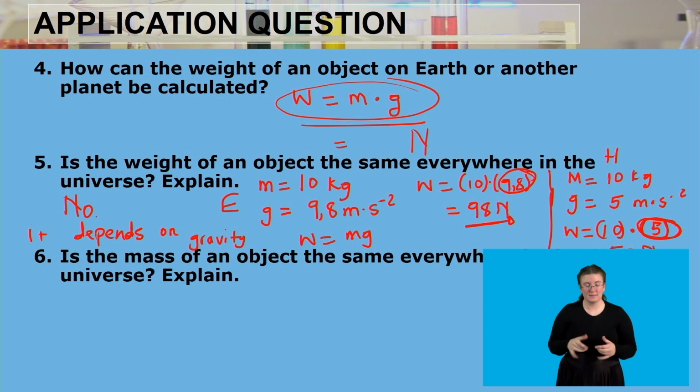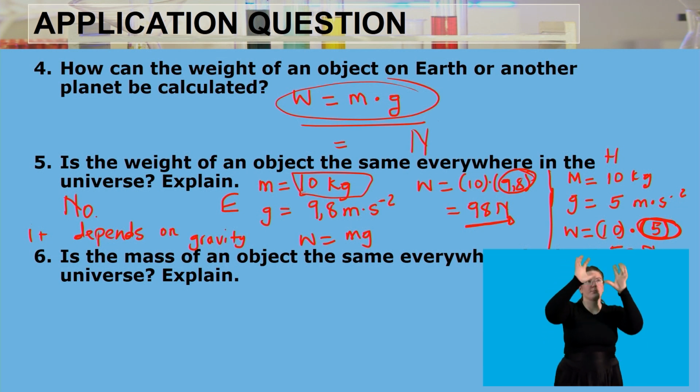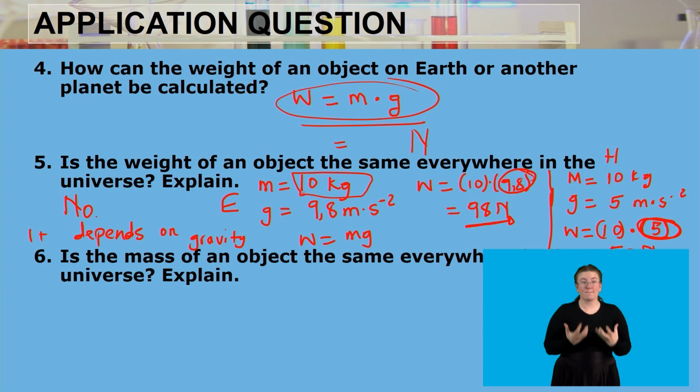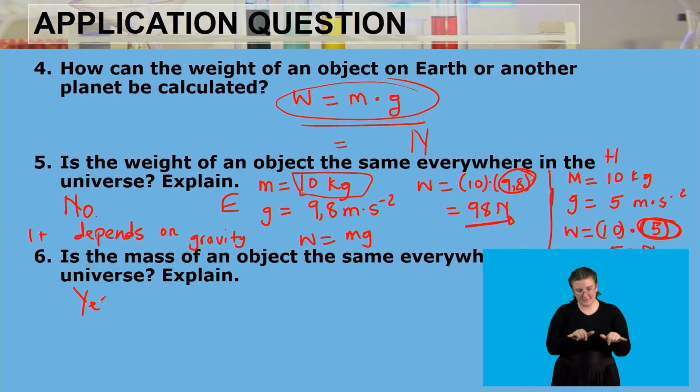If we were to take this object from planet to planet, or from Earth to the sun, to the moon, to anywhere, the amount of matter making up that particular object will remain the same. Nothing is going to change. So yes, the mass of an object is the same everywhere. Why?